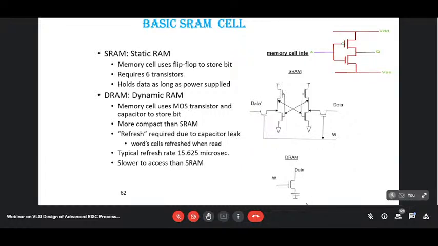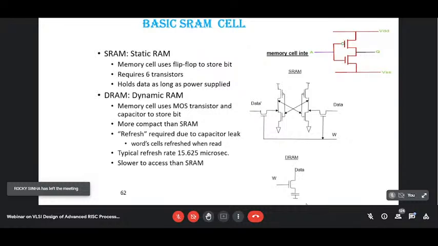And in the lower side, in the circuit of DRAMs, only one capacitor is there. So complexity is much less compared to static RAM. And since the complexity is much less, in a given silicon area, a larger number of bits can be there. Okay.